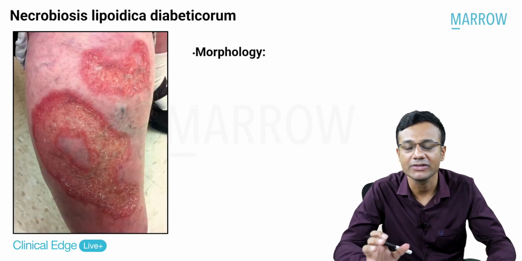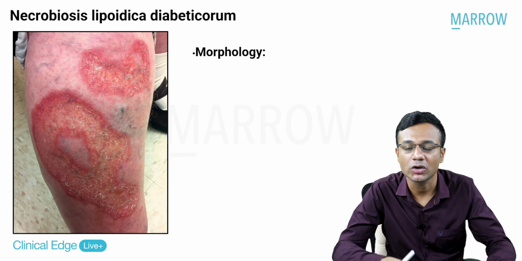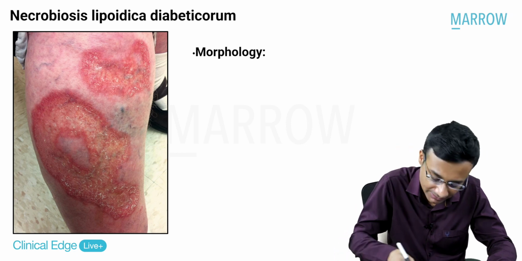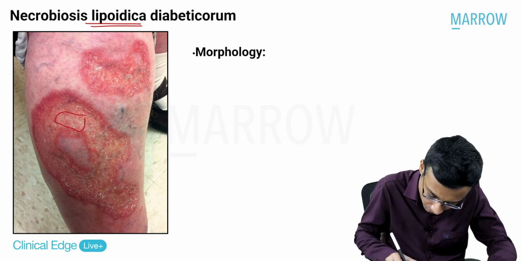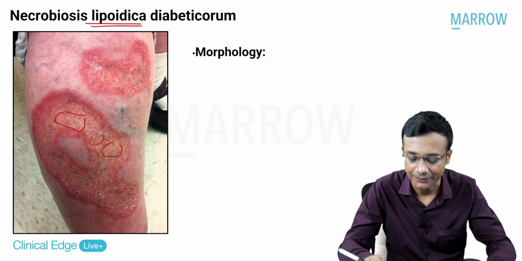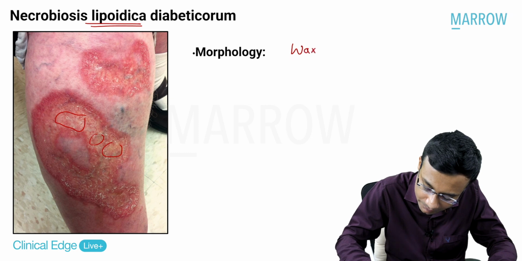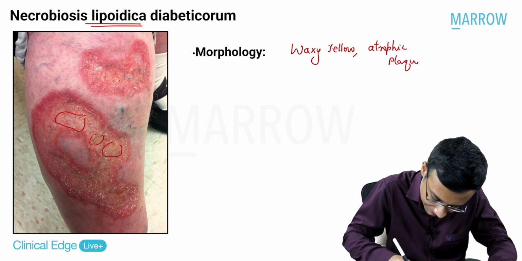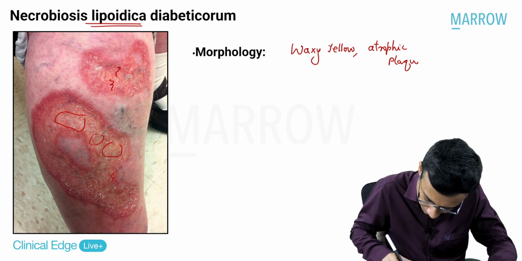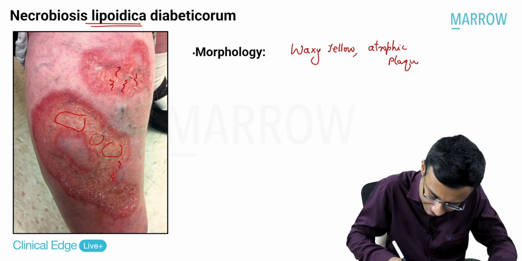So how to distinguish between these two conditions is in necrobiosis lipoidica diabeticorum. See, the word lipoidica is there. That is why we can see there is lot of yellowish discoloration in the plaque here. So you get a waxy yellow atrophic plaque. And carefully, if you observe, you can also see this reddish tinge over here.